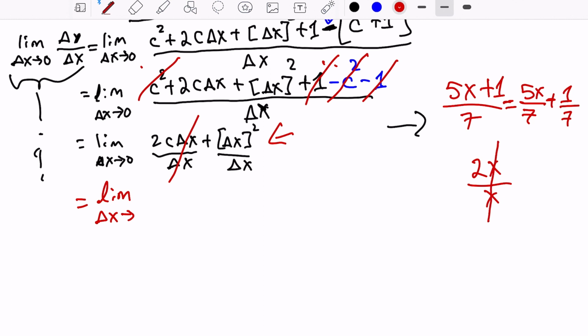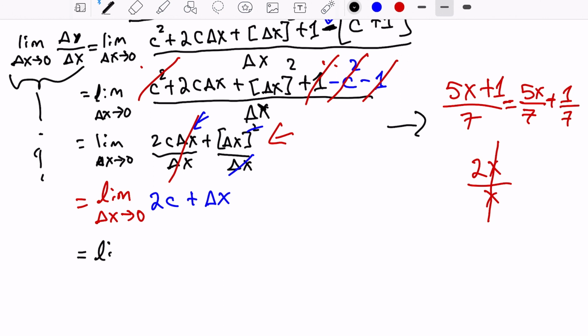That's more or less a simplification that we're doing here. In here, I only eliminate one of the delta x's, so I'm left with 2c plus delta x. And I forgot the 0 here, sorry about that. Now I'm ready to add the limit onto this expression.